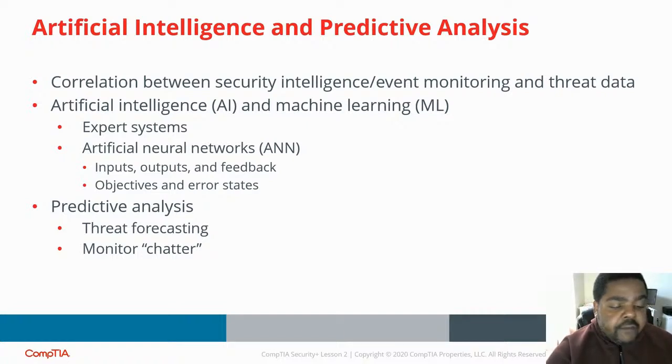So if anything was to be abnormal to the normal workday, machine learning or artificial intelligence would be able to detect it and warn us to say, hey, this doesn't look right. It's a lot of traffic leaving out, or a lot of traffic coming in. We're being bombarded here. So it's always good to have these tools in place and make sure that they're configured right to help us stay secure overall.